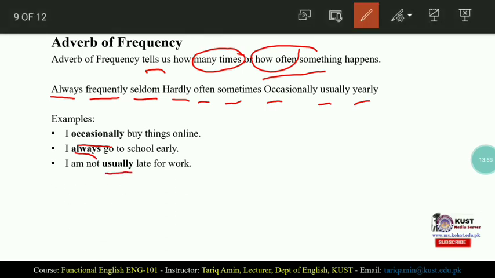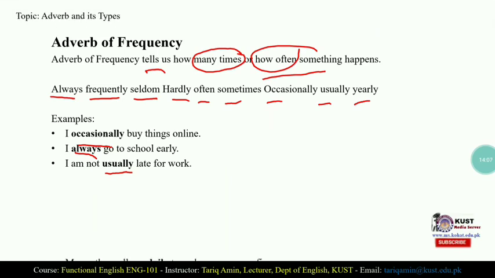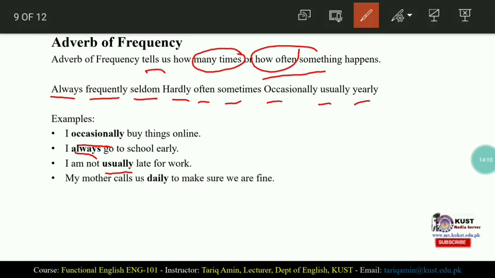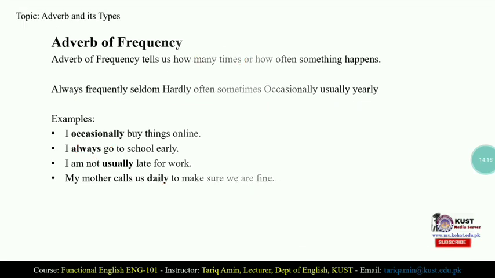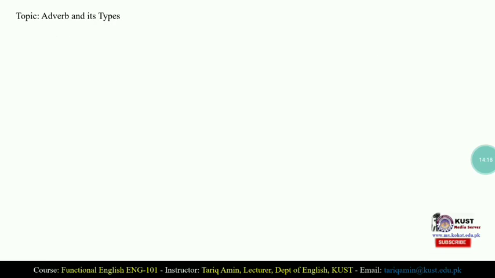It means that I always go to work on time. I always go to school early. It means that I never get late. And my mother calls us daily. She calls us daily to make sure we are fine. So these are adverbs of frequency. They show how many times or how often something happens.